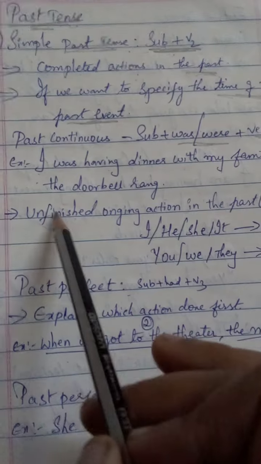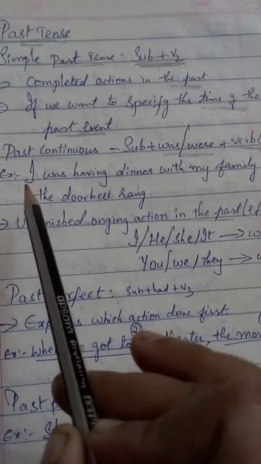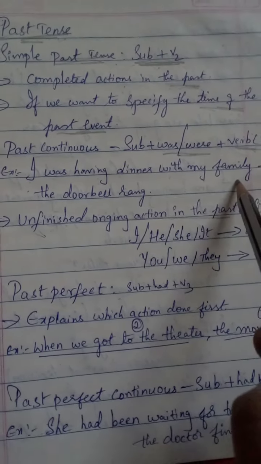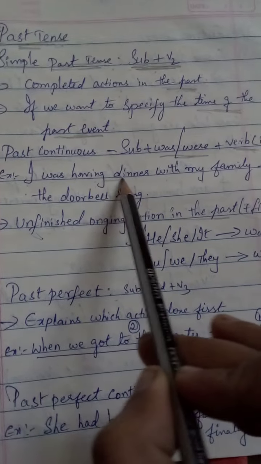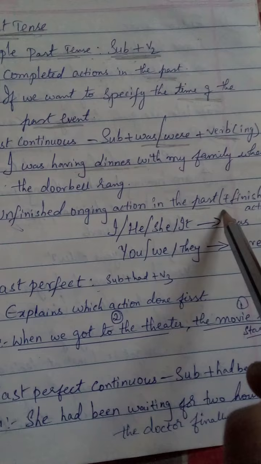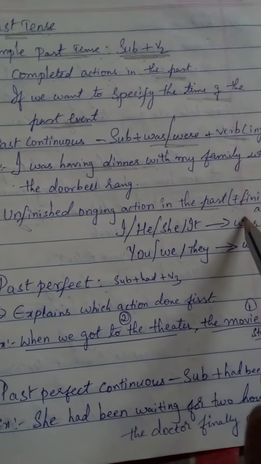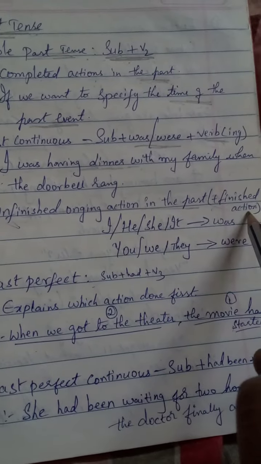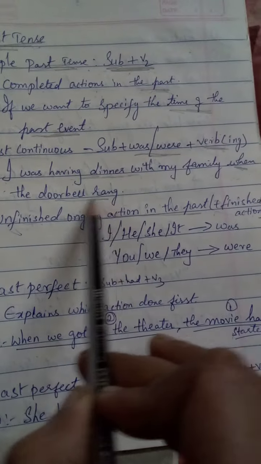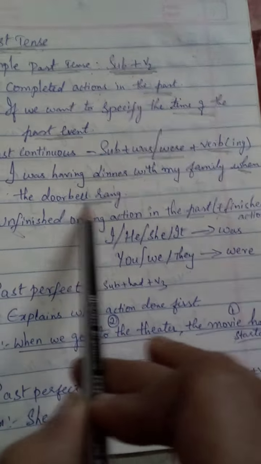So, an unfinished ongoing action in the past. I was having dinner with my family means it was an unfinished ongoing action in the past, plus a finished action. Why is it a finished action? When the doorbell rang, the doorbell rang, it is the finished action.